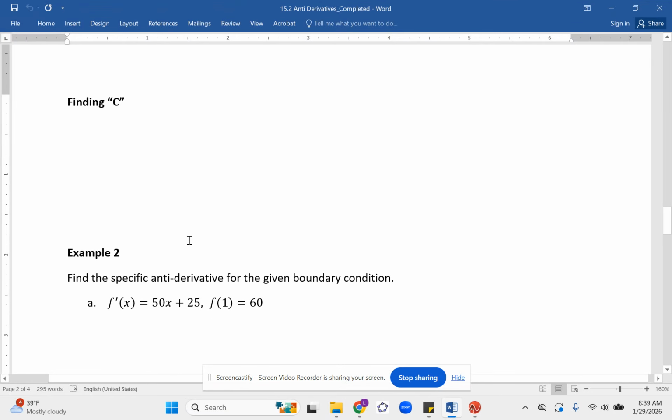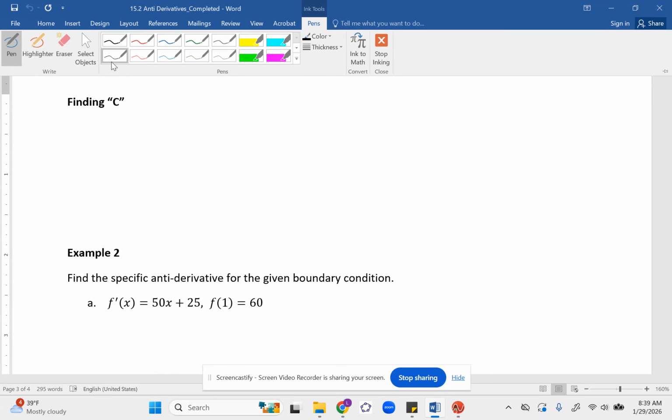And what we're going to look at today is how we can find c sometimes.